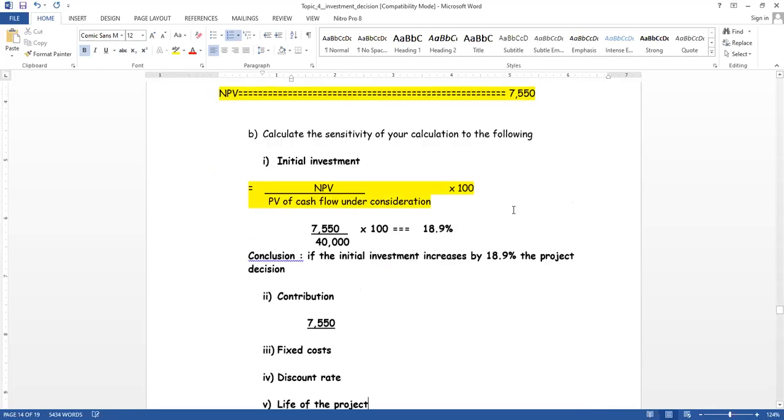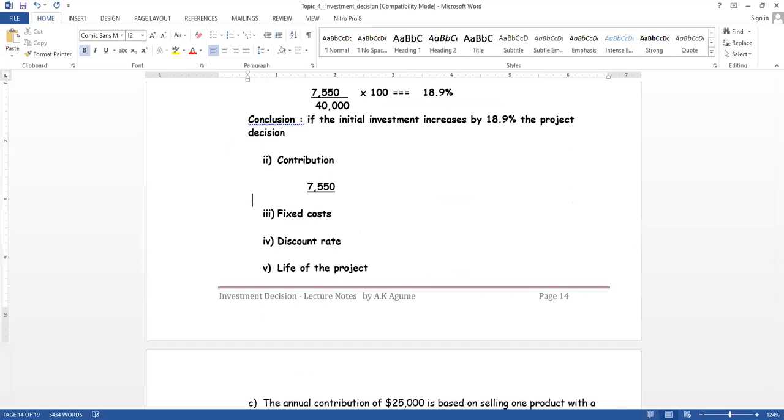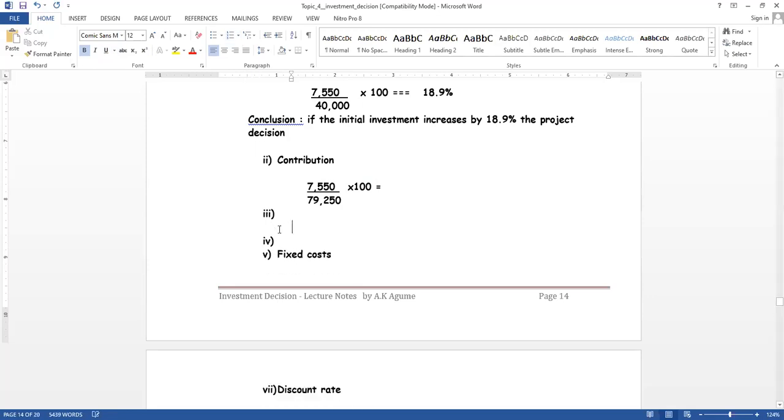So I divide this by 79,250. Then I multiply by 100. So what do I get? What is the rate? 9.5. You see now, this one is a little bit close.